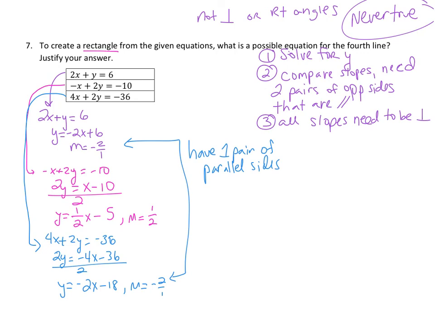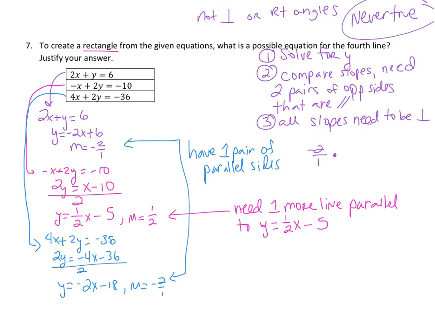This tells us that we need another side that is parallel to this one in pink. One thing we do want to check before we find that line is we want to take one of each of the slopes, so -2/1 and 1/2, and make sure that we actually have right angles. And it looks like we do. So they are right angles, or perpendicular to each other, which is good.